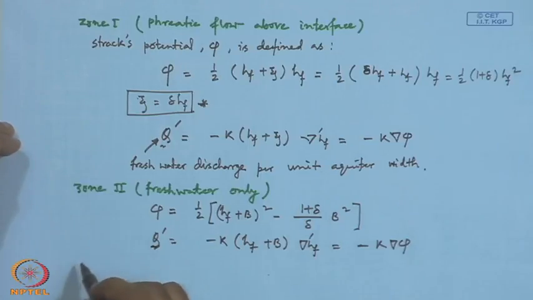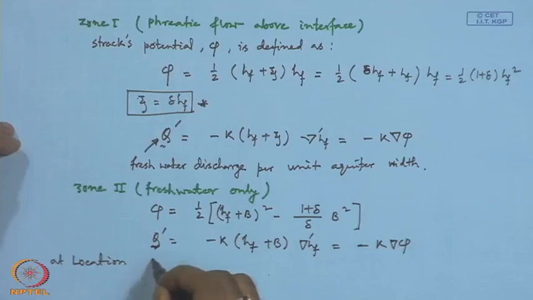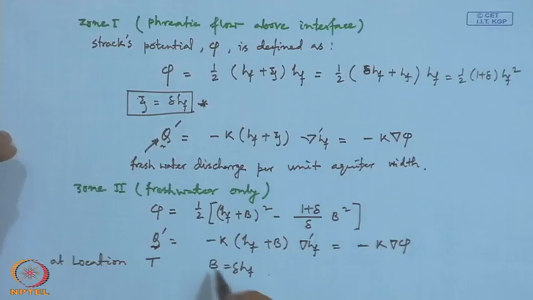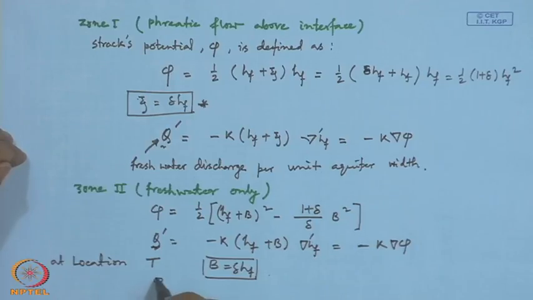At the toe location we have B equals HF into delta as per continuity of zone 1 and zone 2, and by using the Ghyben-Herzberg approximation, we have phi equals phi tau, and we can directly write it as B square by 2 delta square.